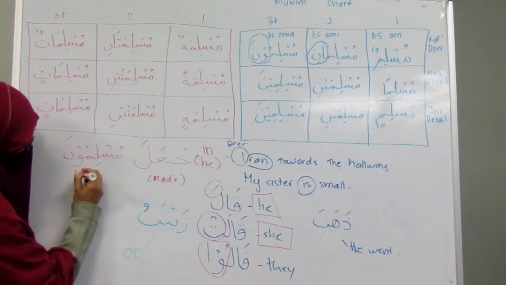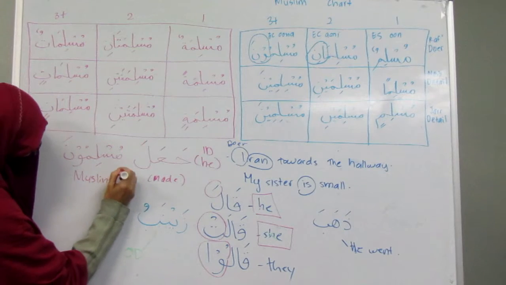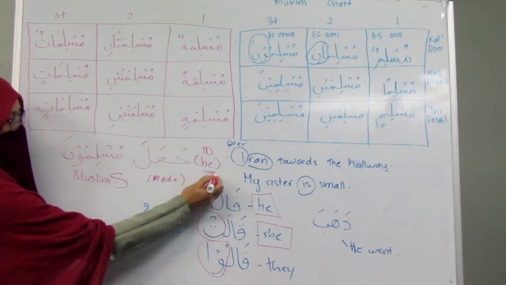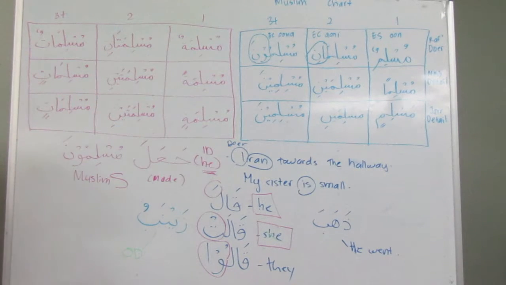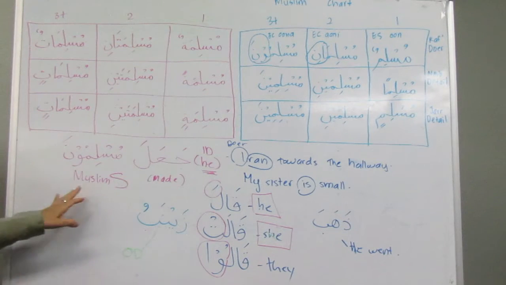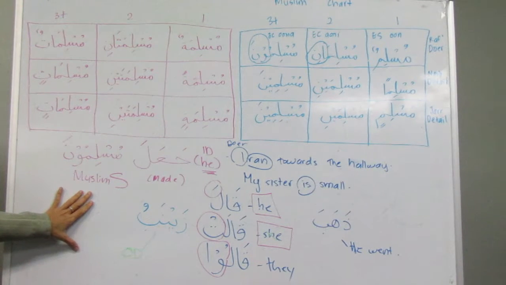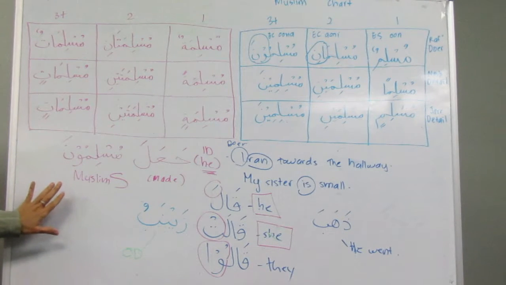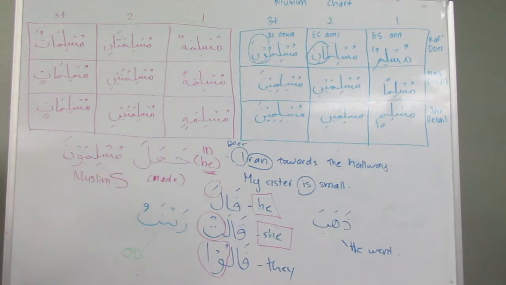So I would translate this as Muslims made. There are many Muslims, but there's only he in here. That's what I mean. The ID, he and she, are so weak that they can even let a plural OD take over. This is very important also. They'll be there in the cards too, and in the homework.